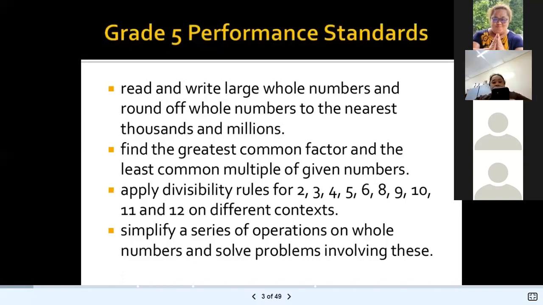Then next, apply divisibility rules for 2, 3, 4, 5, 6, 7, 8, 9, 10, 11, and 12. So they will know what number is missing from 2, 3, 4, 5, 6, 8, 9, 12.